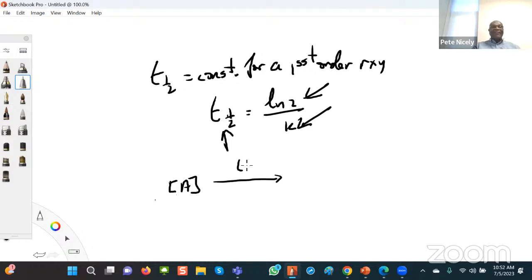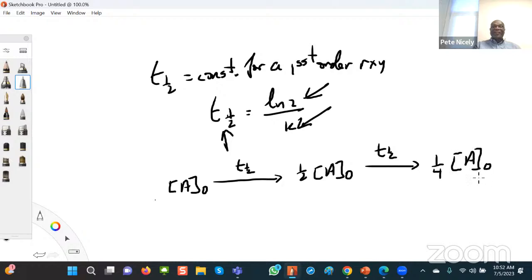After one half-life, if it's a first order reaction, then the concentration of A is reduced to half the initial concentration of A. So this is the initial concentration of A. This is half the initial concentration of A after one half-life, and then after another half-life, the concentration is reduced by another half to get 1/4 of the original concentration of A.